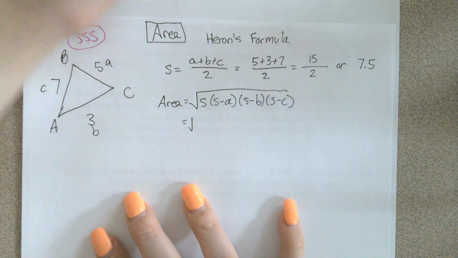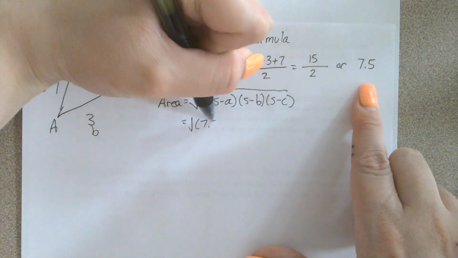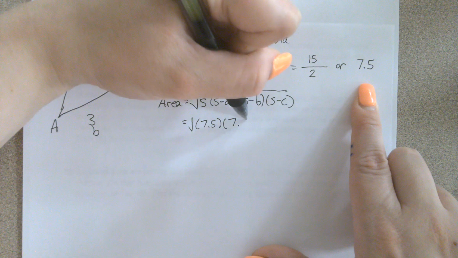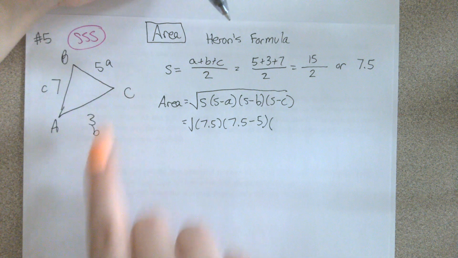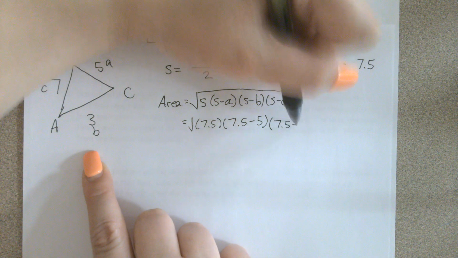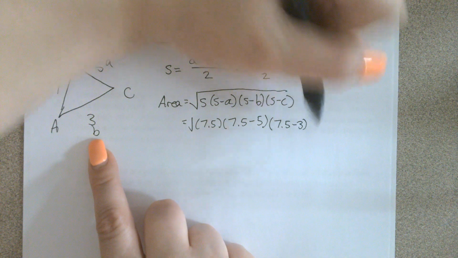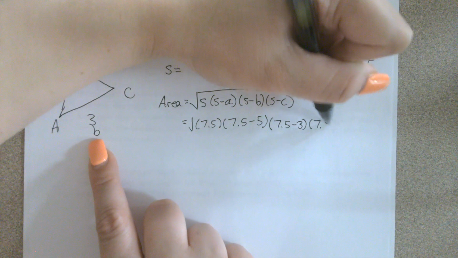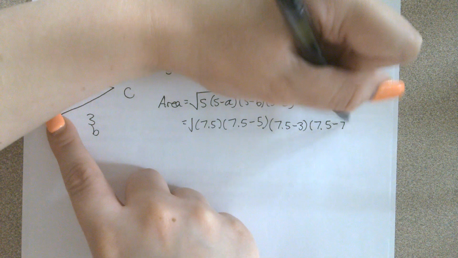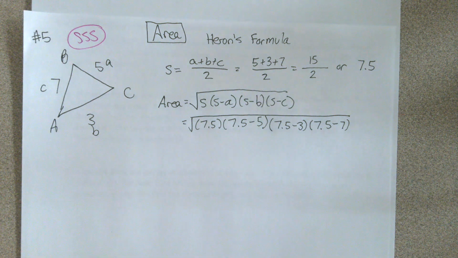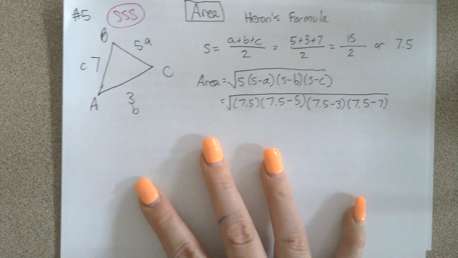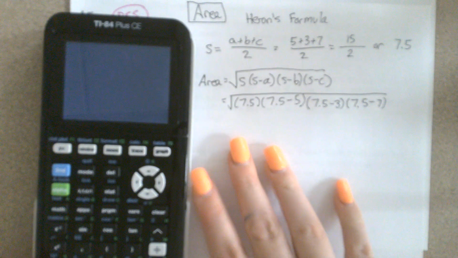I'm going to fill that in. We have 7.5, and then 7.5 minus A is 5. 7.5 minus our B is 3, and then 7.5 minus our C is 7. I will definitely be putting that into a calculator and rounding to the nearest tenth.